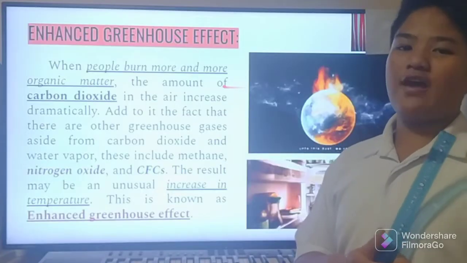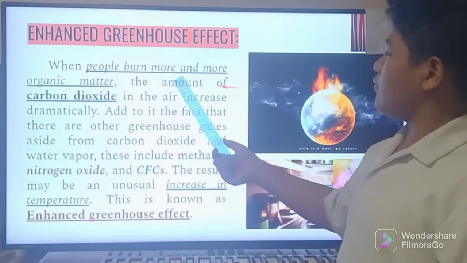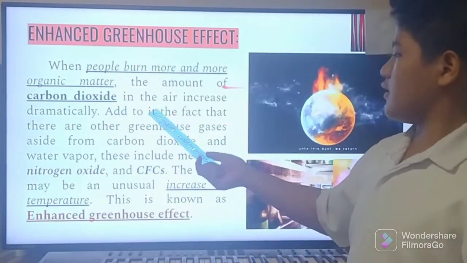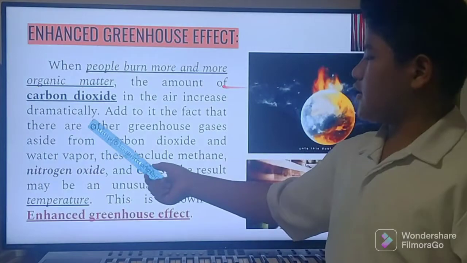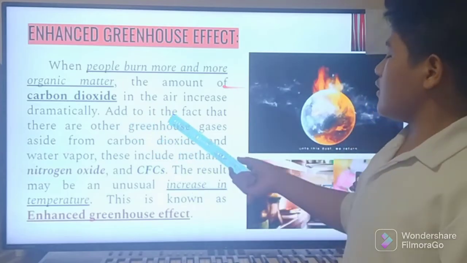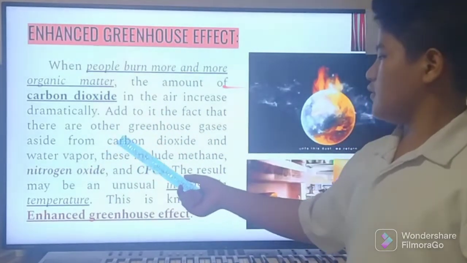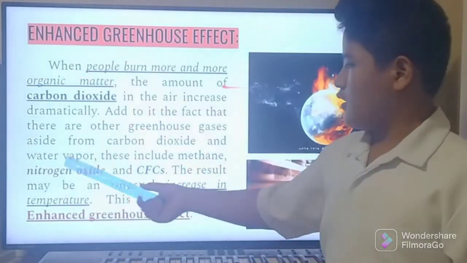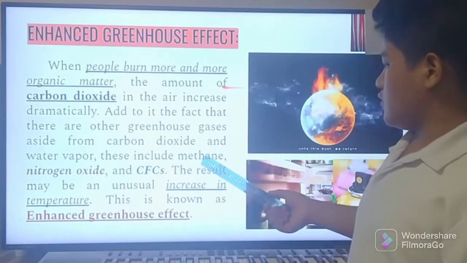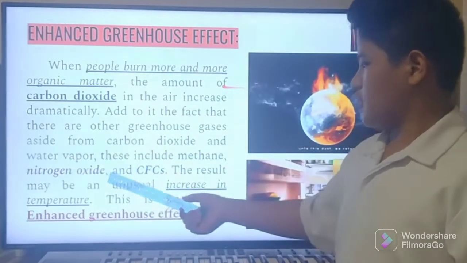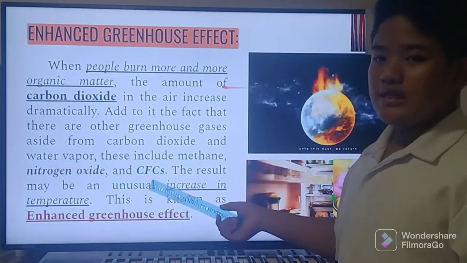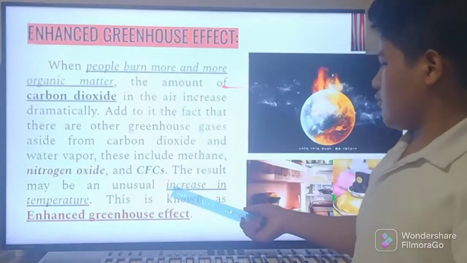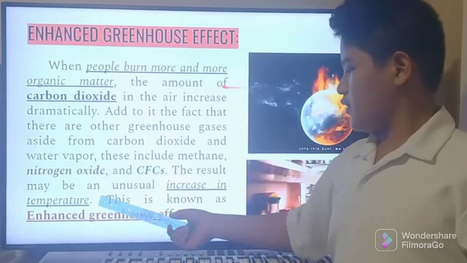Enhanced greenhouse effect. When people burn more and more organic matter, the amount of carbon dioxide in the air increases dramatically. Add to this the fact that there are other greenhouse gases aside from carbon dioxide and water vapor. This includes methane, nitrogen oxide, and CFCs. The result may be an unusual increase in temperature.